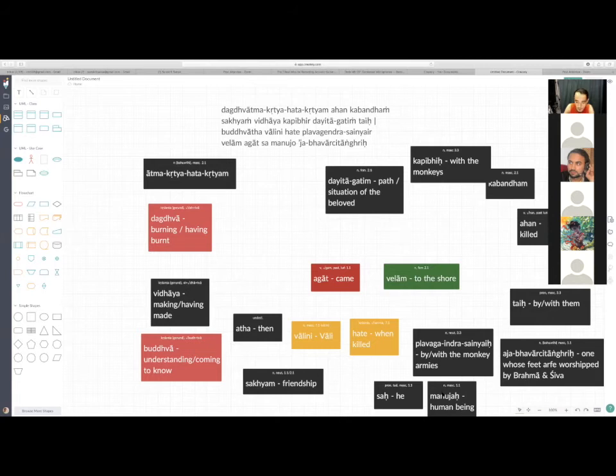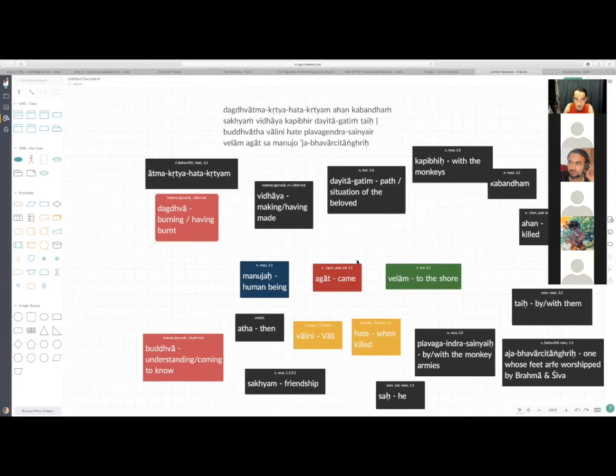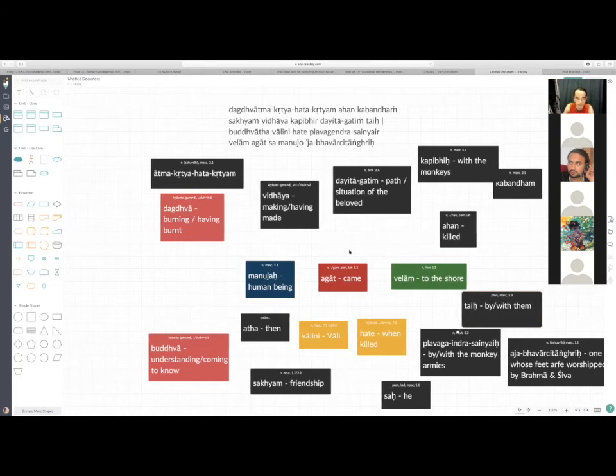And Saha Manujaha. So what is more direct, Saha or Manujaha? Saha, he. Manujaha, the human being. I think Manujaha. Even though we are talking about Rama, his purpose was to come as a human being and show how a dharmic king would behave, with all the human-like behavior in different situations.